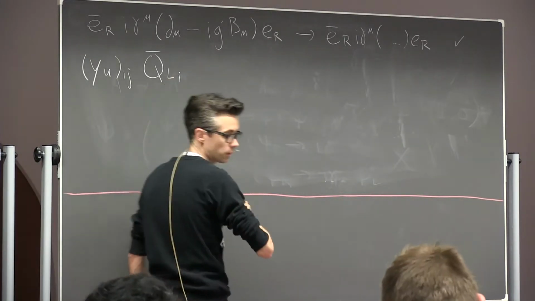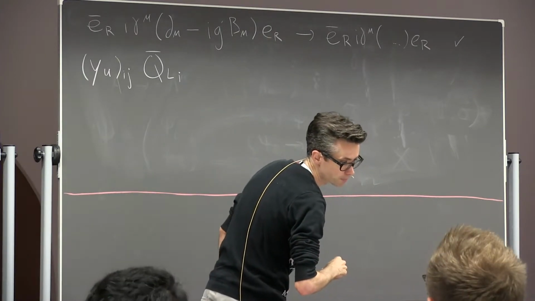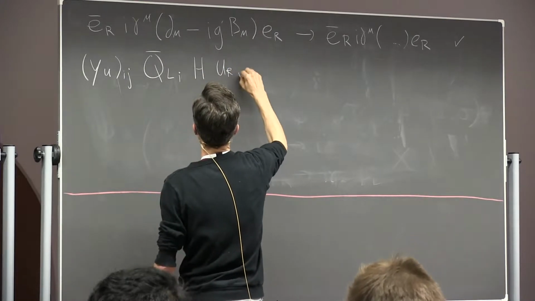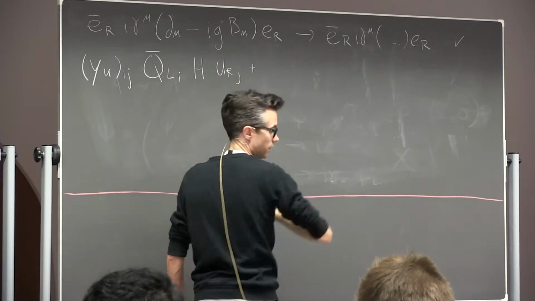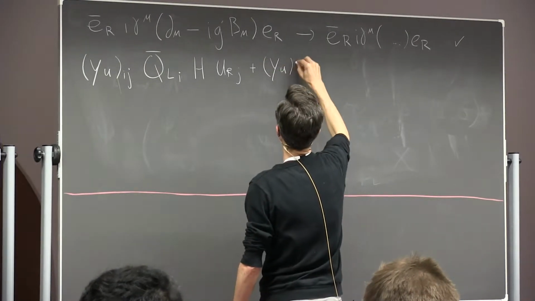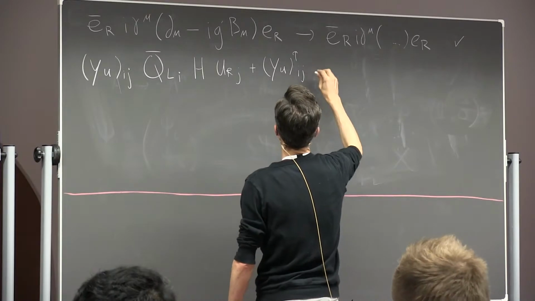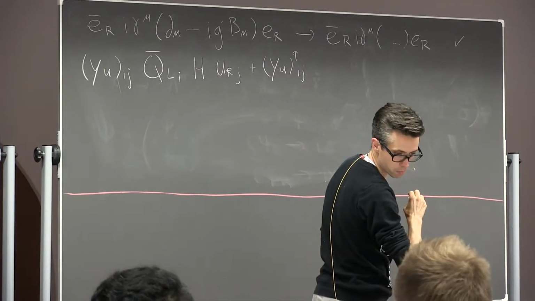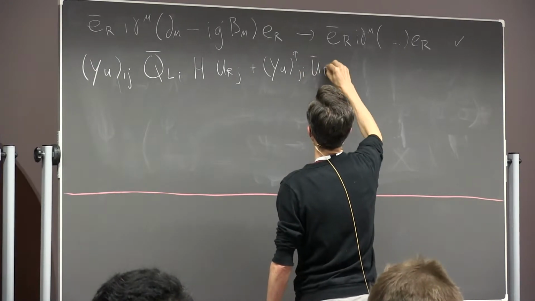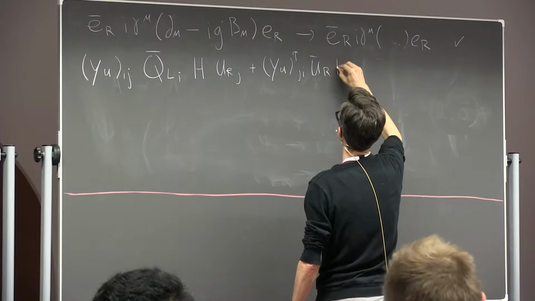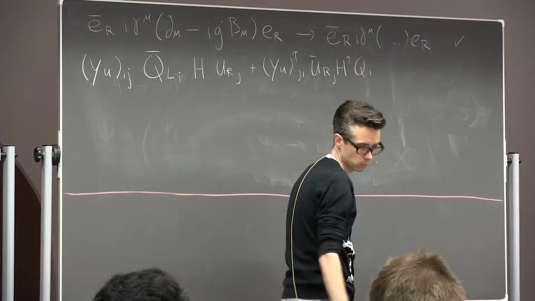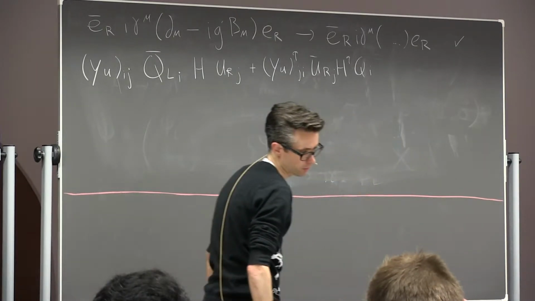So we've got q bar L i, I've got my Higgs field, and I have my u R j, and this comes along with its Hermitian conjugate, Yu dagger ij, u bar i, h dagger, q i. I think I have my indices right.